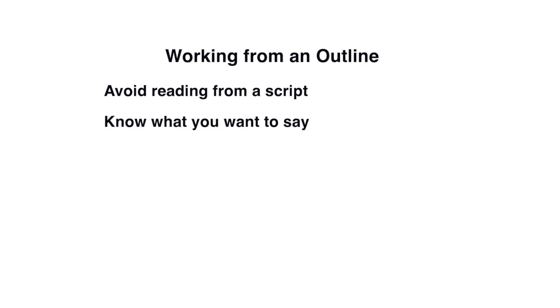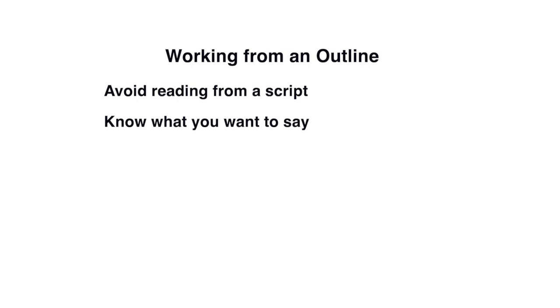This section is about working from an outline. You work from an outline or from notes to avoid reading. If you read, you are not as engaged with your audience as you could be. The key to working from an outline is knowing what you want to say.